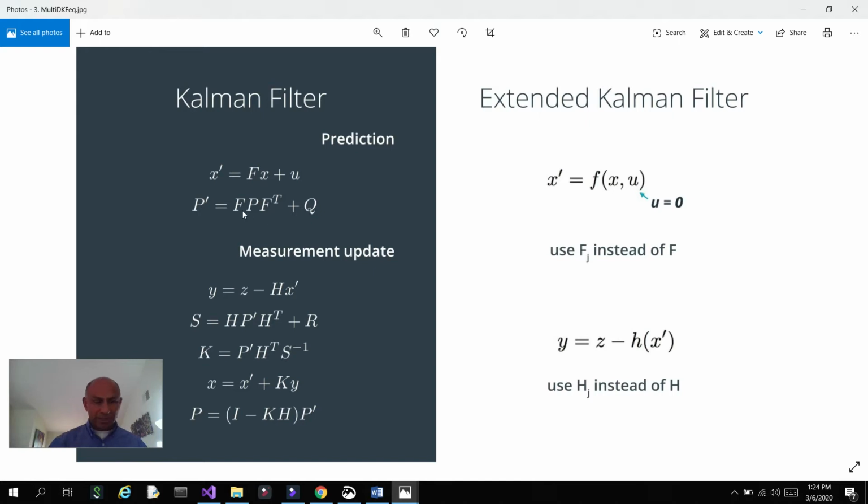So this is just for matrix manipulation that we use the state transformation matrix F here and F transpose here. And now Q is the process noise covariance matrix, which we'll get more into. So this is the prediction function.